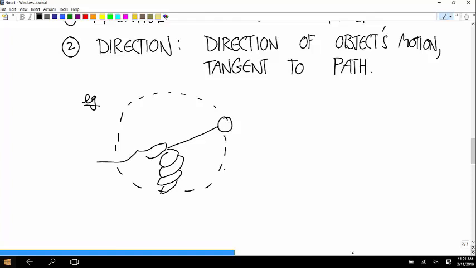Let's say it's going this way. Then the path is the dotted line. And so the direction of the velocity vector is tangent to that path, and the magnitude at that instant is the speed.